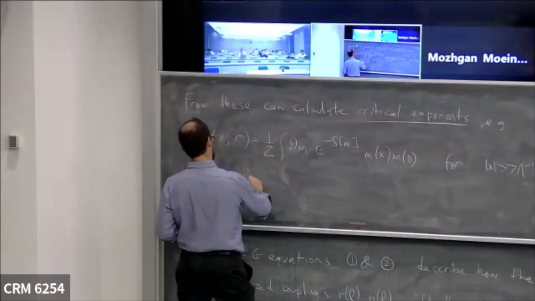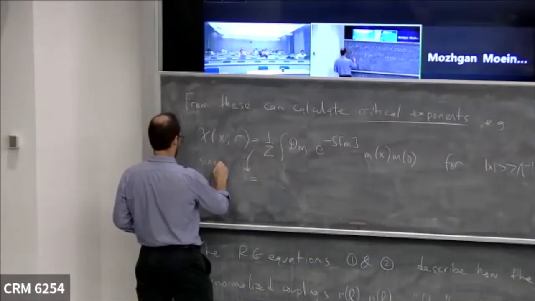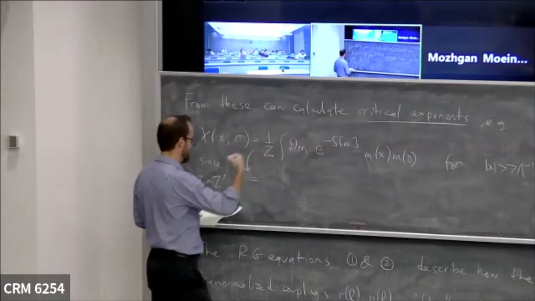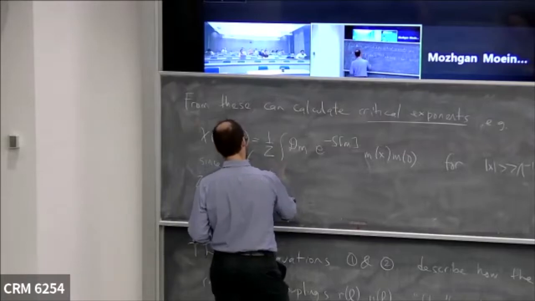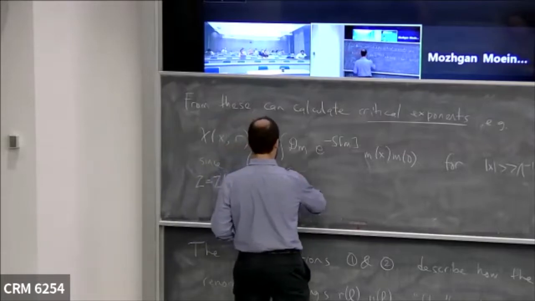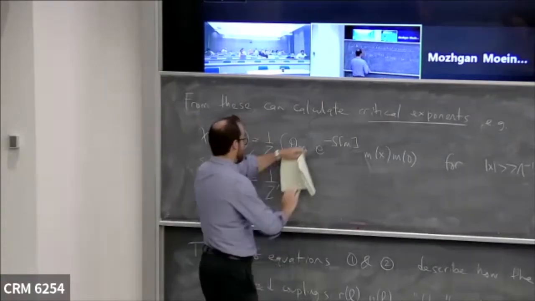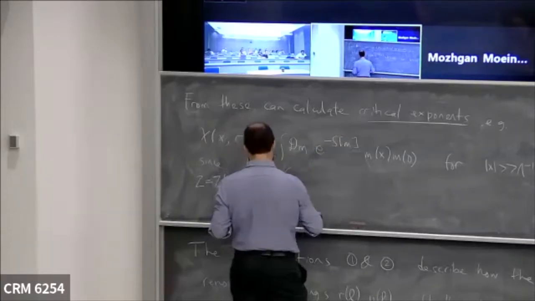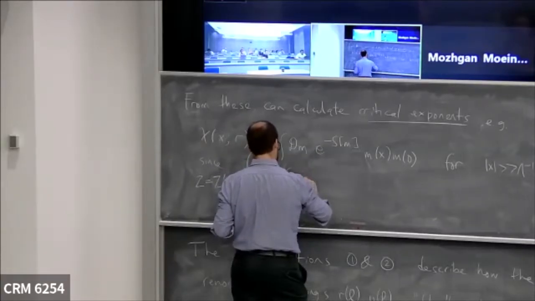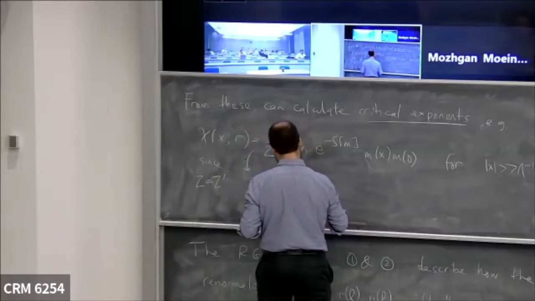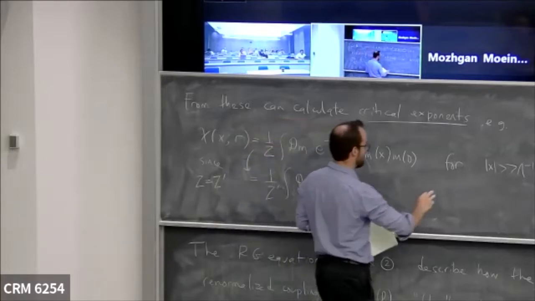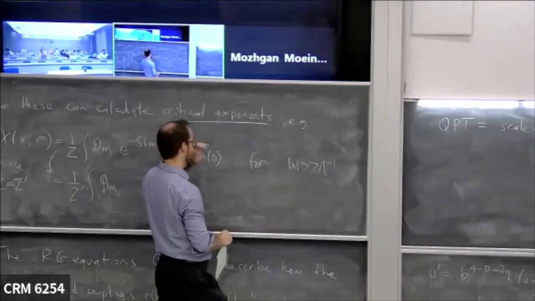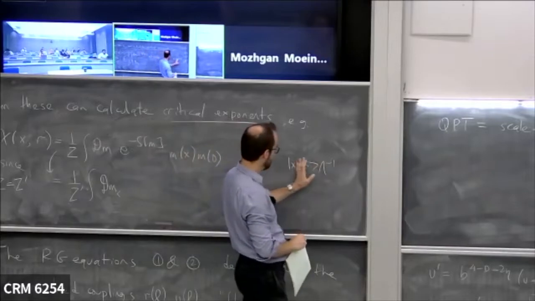Since the actual partition function itself does not change under the coarse graining, 1 over Z is the same as 1 over Z prime. Then we'll replace this integral by an integral over the slow fields, because we're interested only in computing this correlation function in the long distance limit.